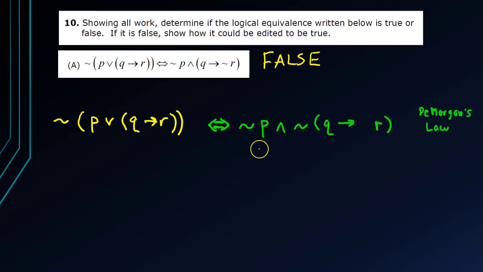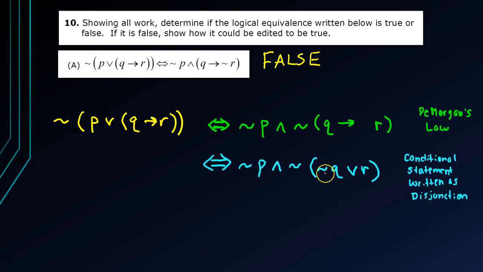We have a rule here, and there are different ways you can handle this, and I'm going to show both of them as I go through this. We also learned that this conditional statement can be written as a disjunction. If Q, then R can be rewritten as not Q or R. These have the same truth values.